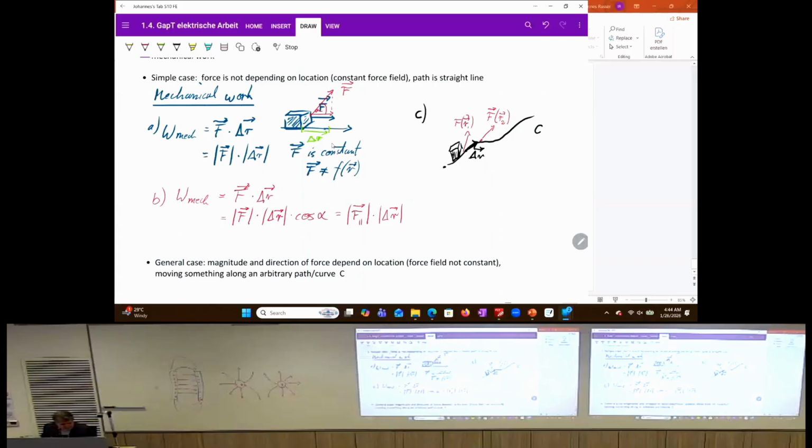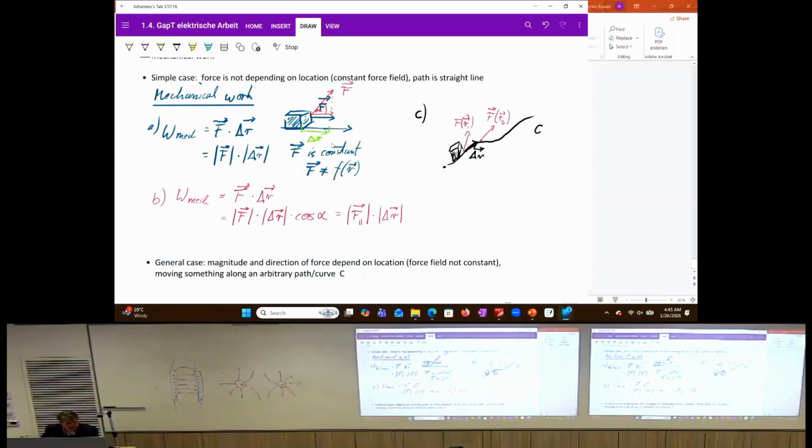That means you now have a dependence of F that is changing along the path. So this is the most general case. With respect to the work, only the components of the force vector which are parallel to the curve contribute to the mechanical work that you have to do.